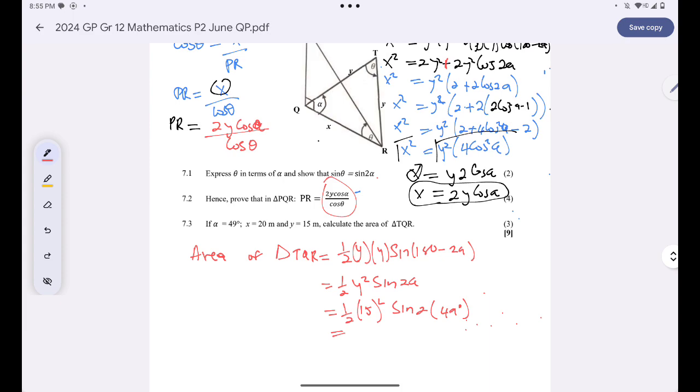Okay, and I'll get 111.41. My area is 111.41 square meters. That's the area of my triangle.